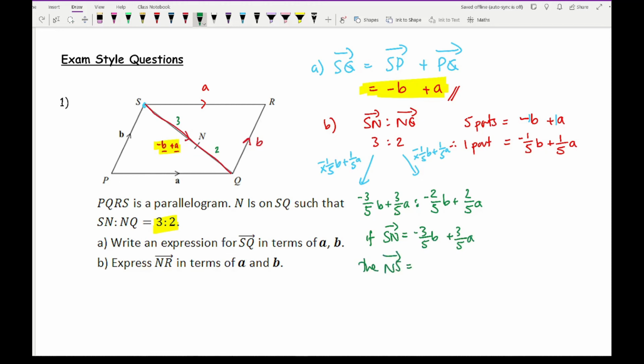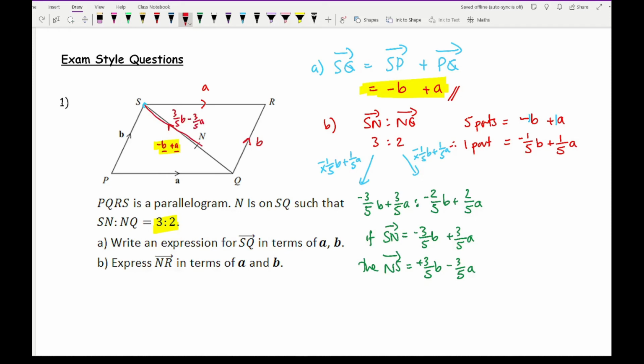So minus 3/5 B becomes positive 3/5 B, and plus 3/5 A becomes minus 3/5 A. So going back to my diagram, what I've worked out is that this line here is 3/5 B minus 3/5 A.